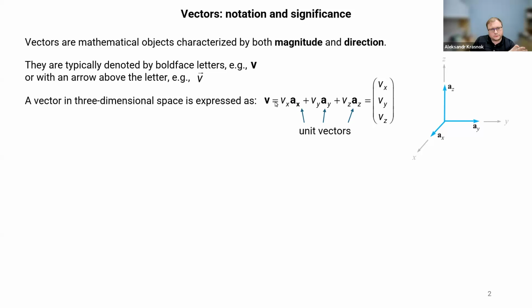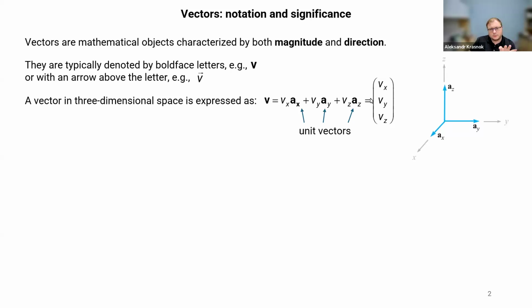If I introduce a particular coordinate system, usually this Cartesian rectangular coordinate system invented by Descartes some time ago, I can represent my vector by projecting it on all three coordinate axes, x, y, and z, with the corresponding unit vectors, ax, ay, and az.